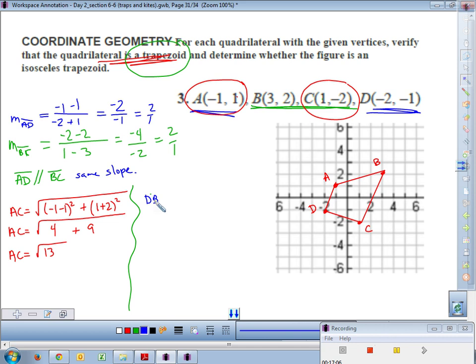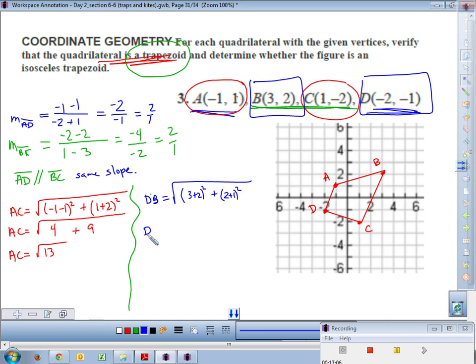Distance from D to B will be using these points, so box, box, big ol' honker radical, subtract your x's from each other, so 3 plus 2 squared, and then add to that the difference of your y's, 2 plus 1, quantity squared, and then clean it up. 5 squared is 25, 3 squared is 9, you add those together, and you get the square root of 34.